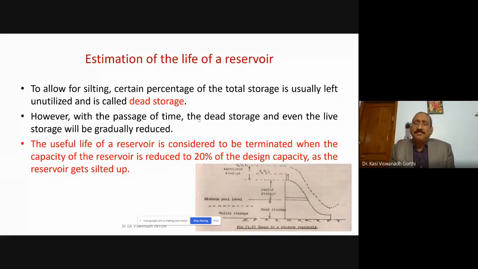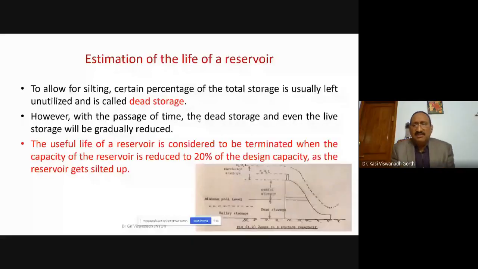As long as the dam sustains, the reservoir will be there. What do you mean by the life of a reservoir separately? There are various instances where, though the dam is safe structurally, the reservoir becomes useless.